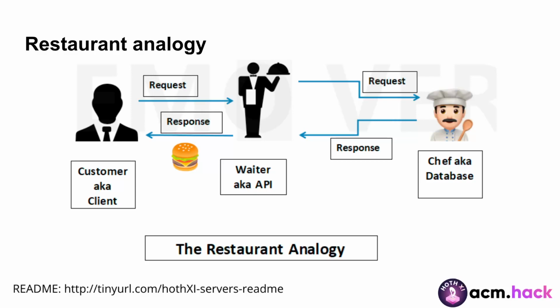The waiter will go to the kitchen where the chef, or in our case, the database, will prepare all the ingredients that are necessary, and things are going to happen. They're going to be put together, and voila, you'll get a burger or whatever you ordered back, hopefully.